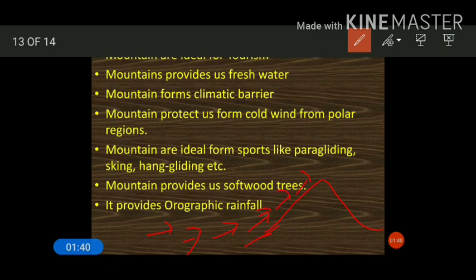When it rises, the temperature of the water vapor reduces, due to which condensation takes place, and due to condensation clouds are formed, and on the windward side it gives heavy precipitation. This is what we call orographic rainfall, and due to the existence of the mountain, orographic rainfall occurs on the windward side. So these were some of the importance of the mountain.